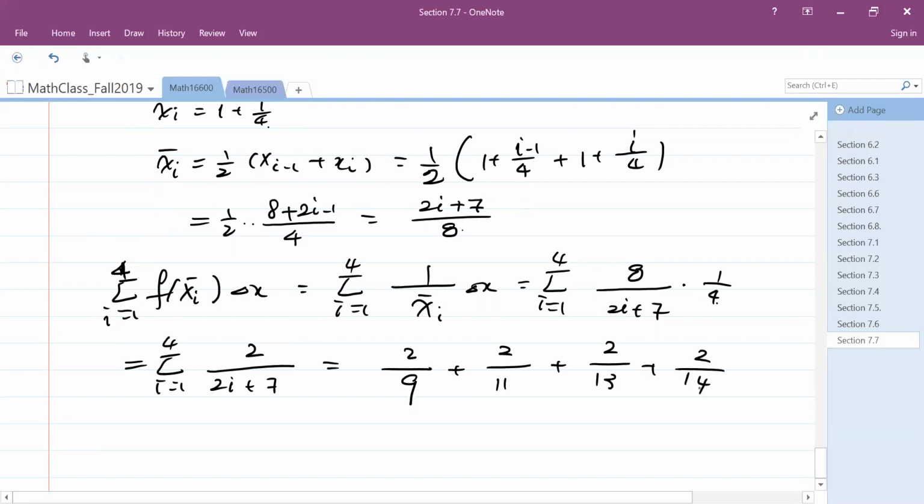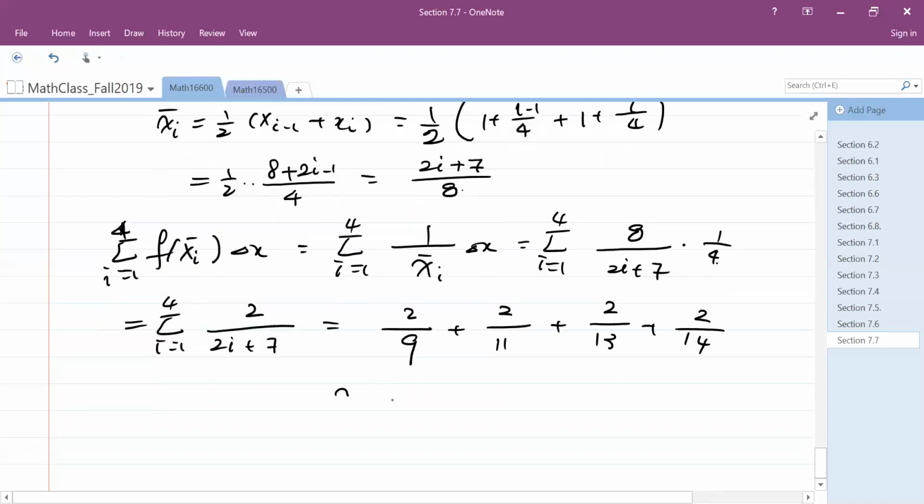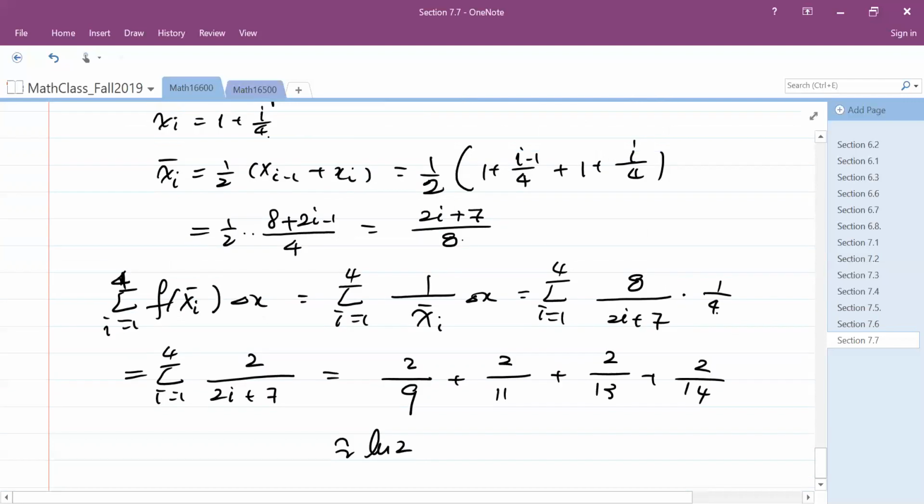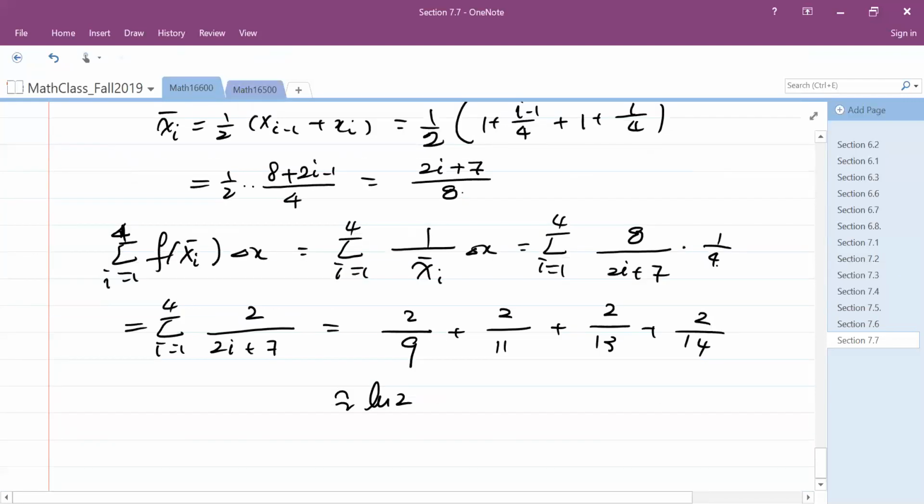Now, this is indeed a number. It's actually a good approximation to natural log of 2, but I cannot tell if this is larger or smaller than natural log of 2. But I'm pretty sure it's between the above two numbers.